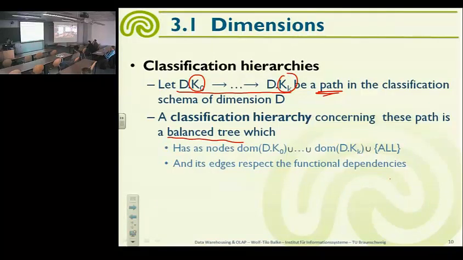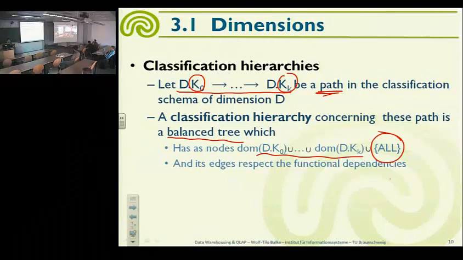And the balance tree basically holds all the dimensions, all the different granularities and the dimensions that you've already identified, plus a node, which is all, which is the aggregation of everything that you have.